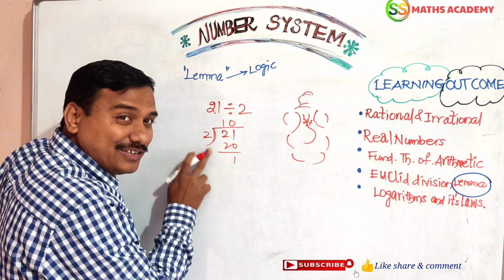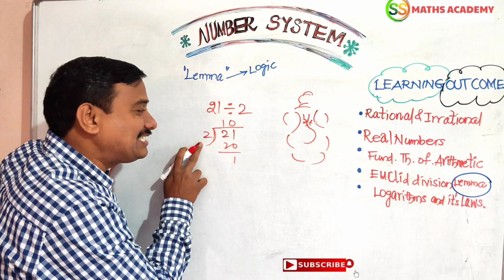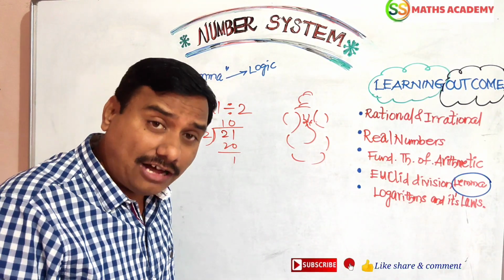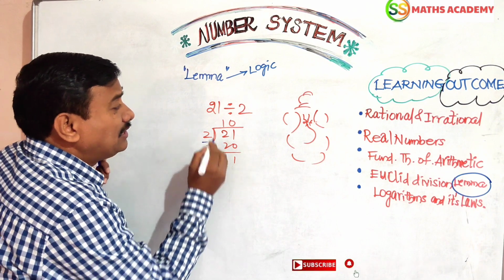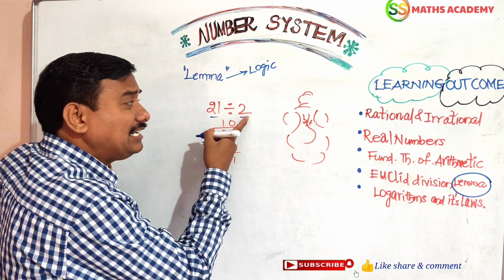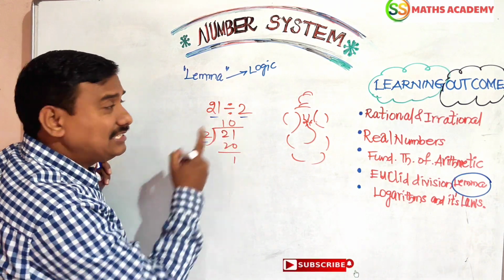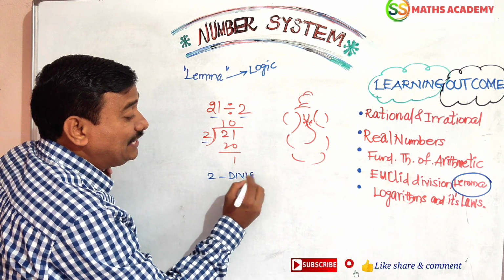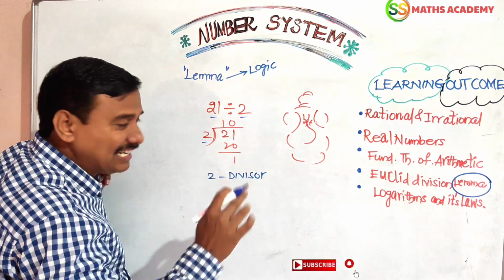Now, the remainder is always less than this term. What is this term? 21 is the number divided by 2. This dividing number, this dividing integer, is called the divisor.